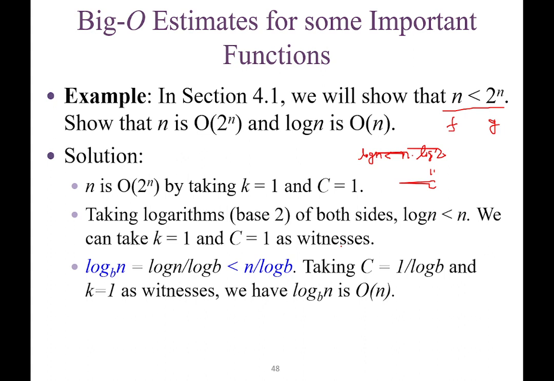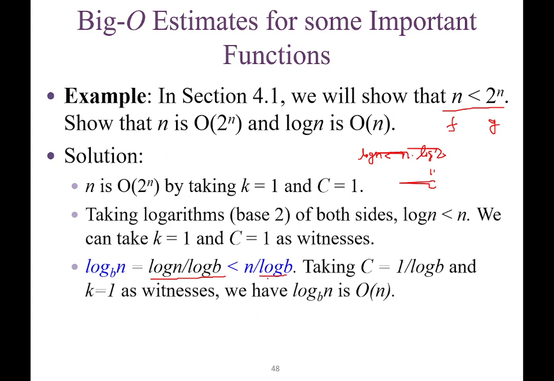Of course, we can take other bases, not just 2. So let's see these relationships. If we take the base of b, then we can rewrite this term as log n divided by log b. When we write log n divided by log b, we can consider log b as the weightness, right?